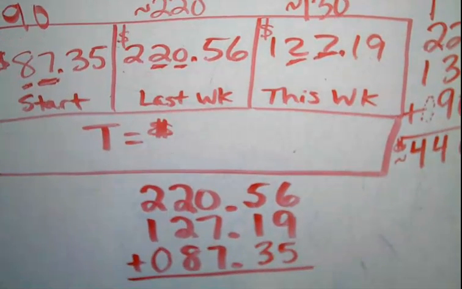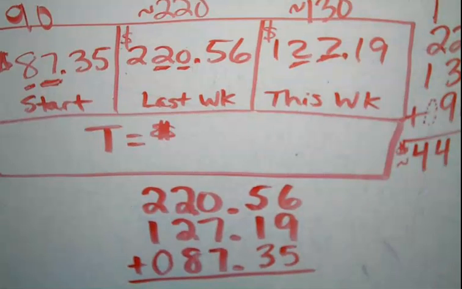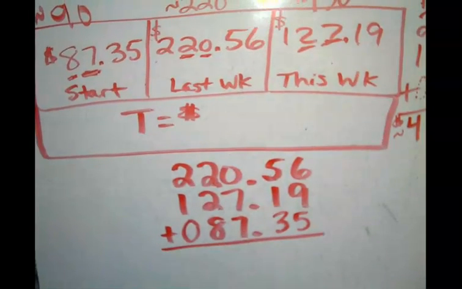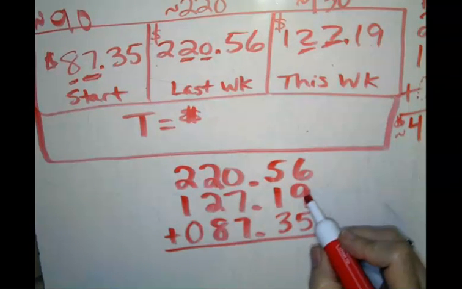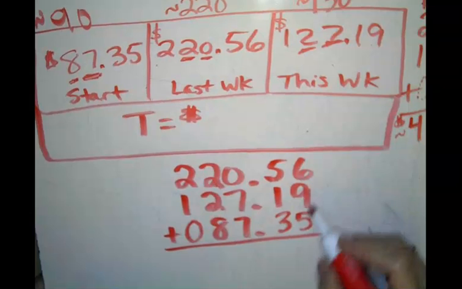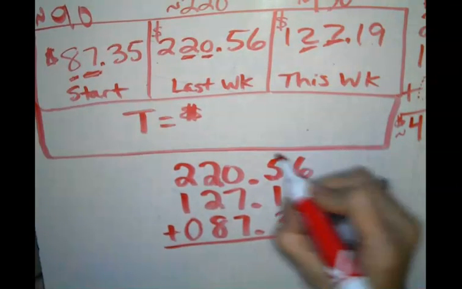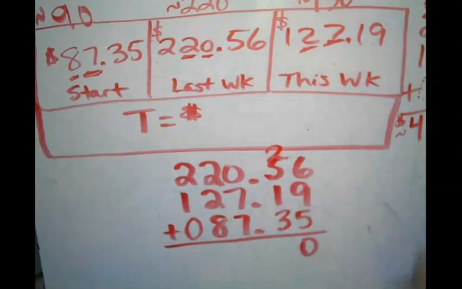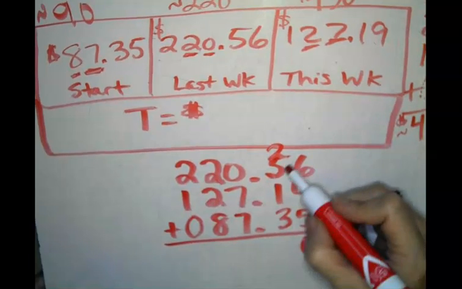Okay, let's add them up now. We have 6 plus 9, that's 15, right? 15 plus 5 is 20. So that's 0 hundredths.